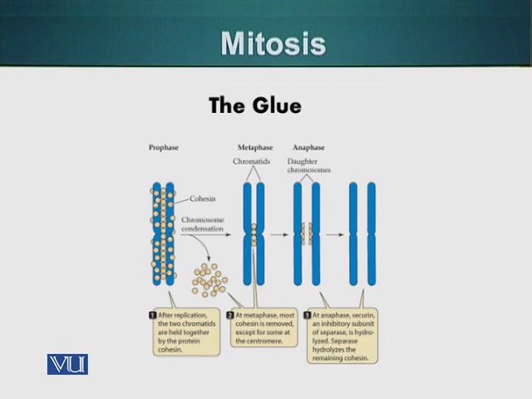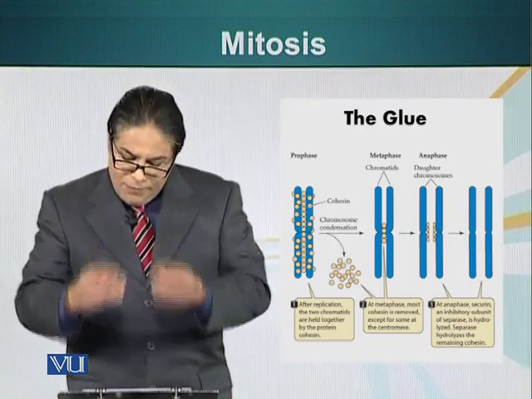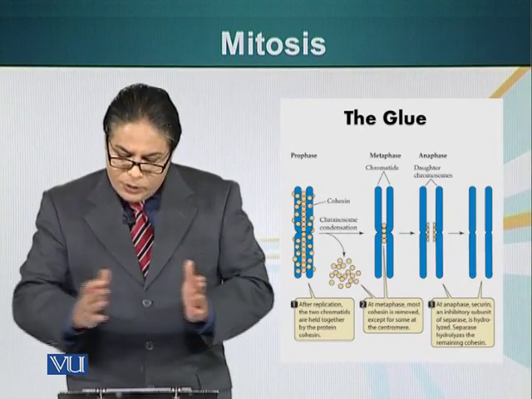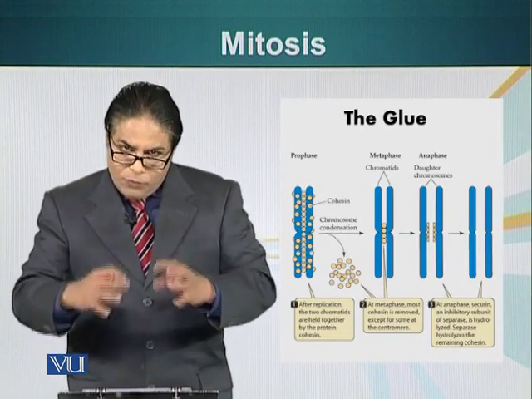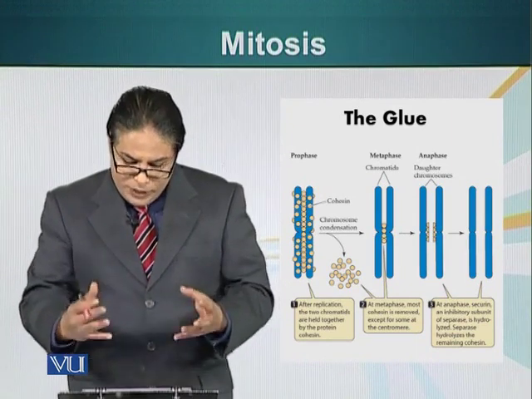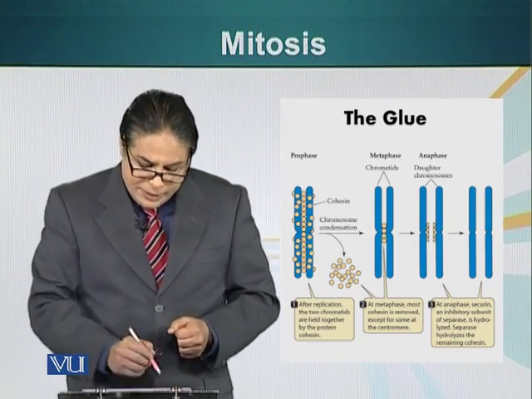At anaphase, even the cohesin molecules present at the centromere region are also degraded, resulting in separation of the two daughter chromatids. This event leads to the separation of the chromatids and allows the formation of two nuclei, which happens in the telophase.